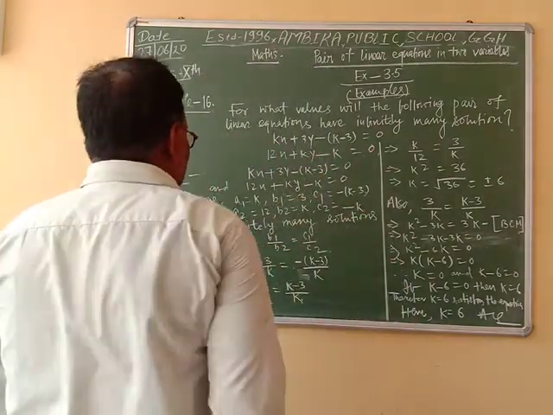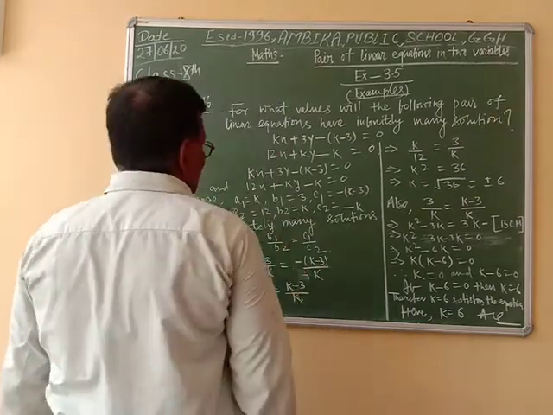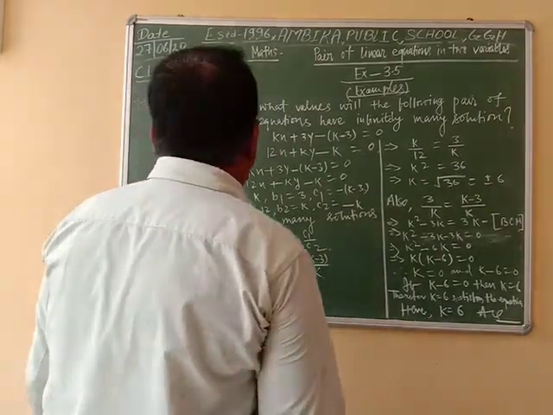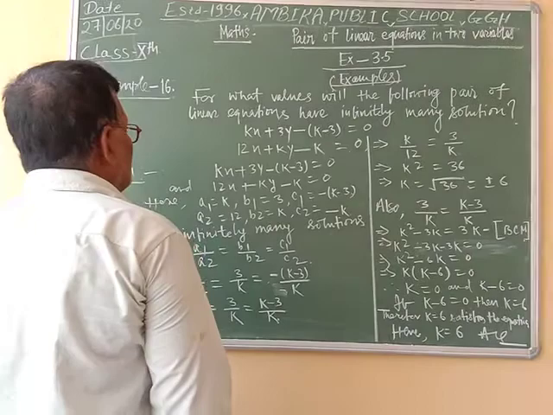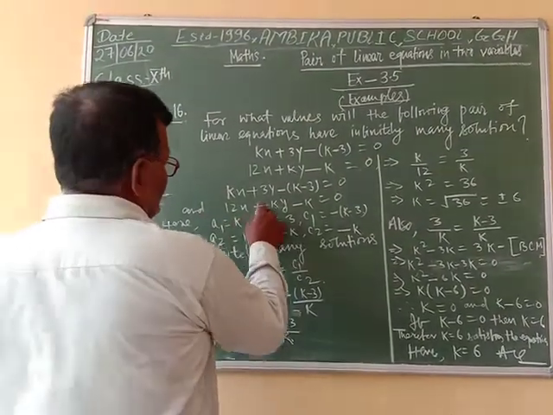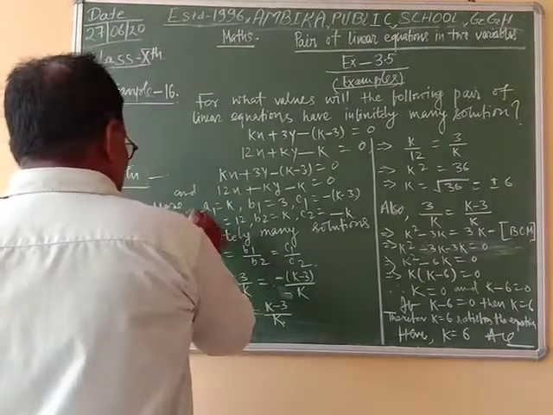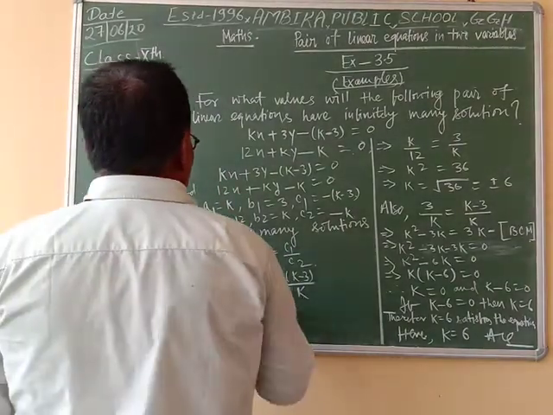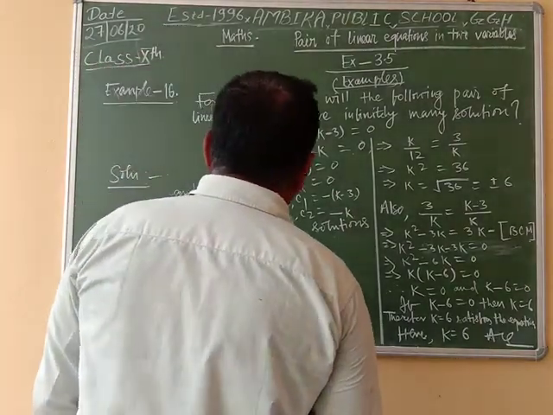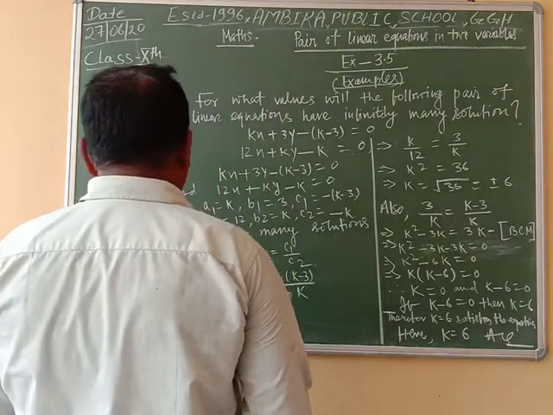Here we write the coefficient of x, y and constant term. a1 is equal to k, b1 is equal to 3, c1 is equal to minus k minus 3. And from equation 2, a2 is equal to 12, b2 is equal to k, c2 is equal to minus k.